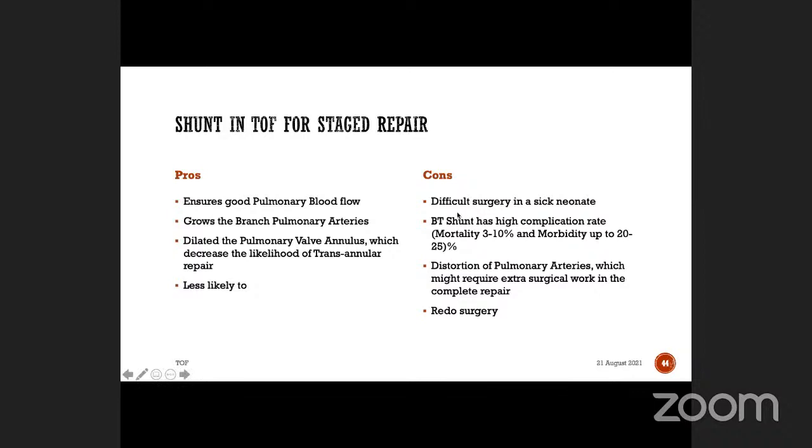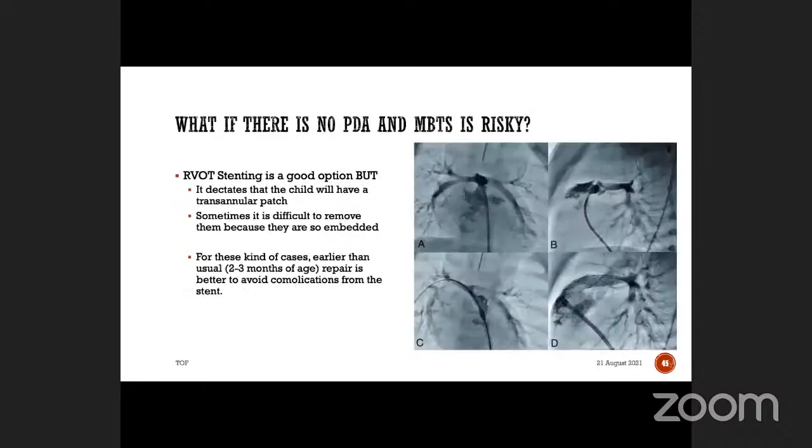The cons: difficult surgery in a sick neonate. BT shunt has a high complication rate, 3 to 10%, and morbidity up to 25%. Distortion of the pulmonary arteries might require extra surgical work at complete repair, and it's a redo surgery, so it comes with a price.